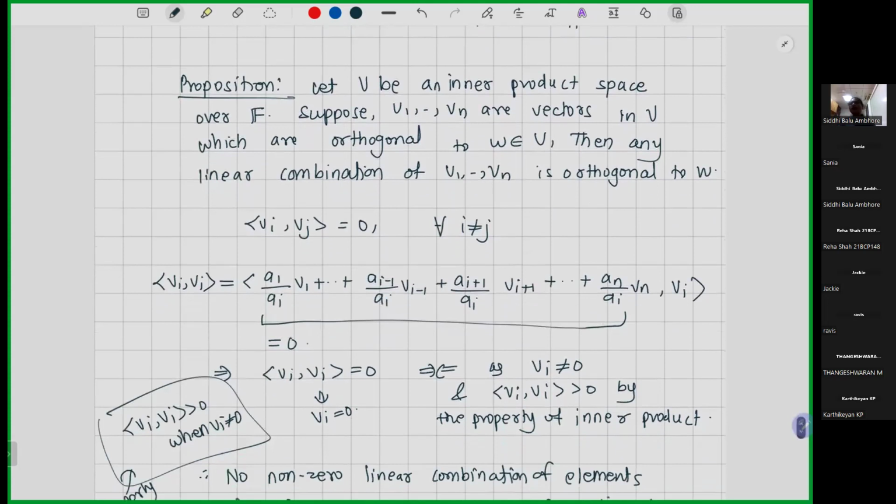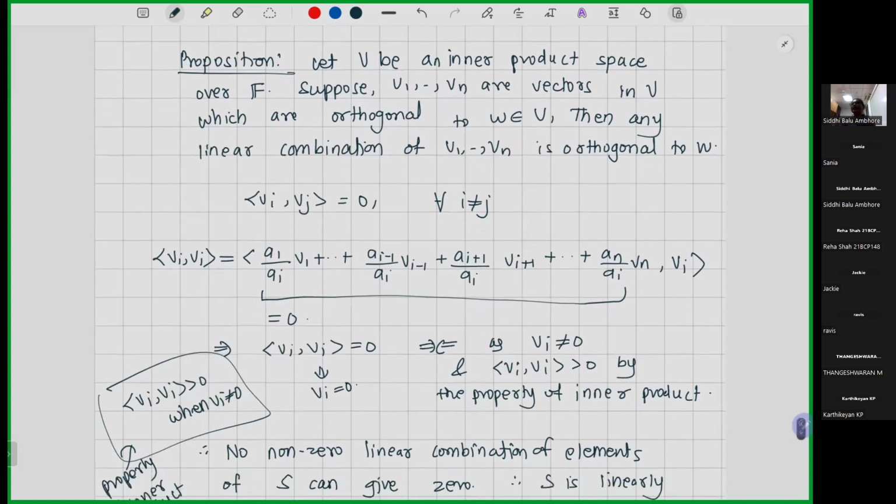Even when you do the complex conjugate, you will take the common factors as conjugates, but the inner product of Vi and Vj will still give us 0. The final answer will be 0, but the coefficients will be conjugates of whatever scalar we have here. Yes, that's true.